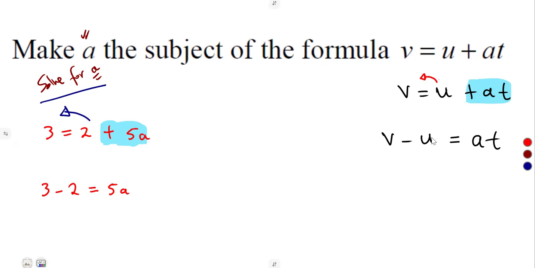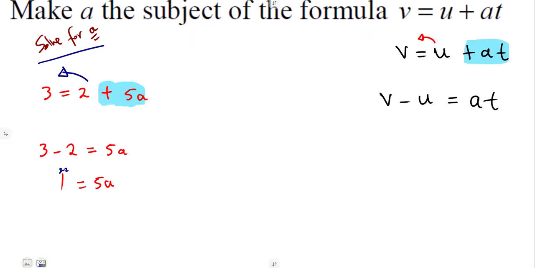V minus U. Can it be simplified? No. But on the numbers, here you are going to simplify 3 minus 2, which is 1, equal to 5A. This one represents 3 minus 2, so it is the same as V minus U, which cannot be simplified in our case. But let us see what is going to happen.